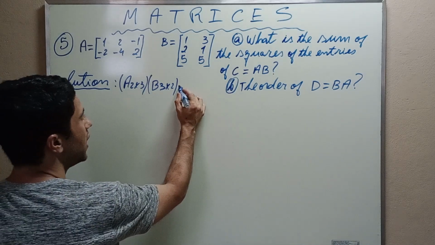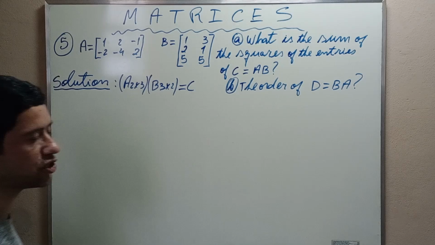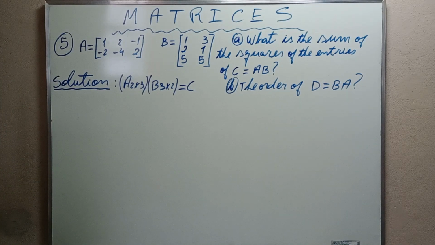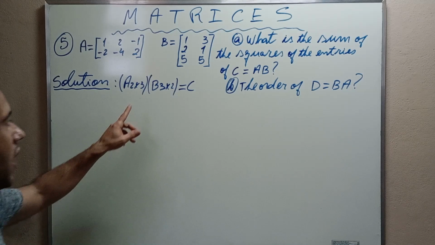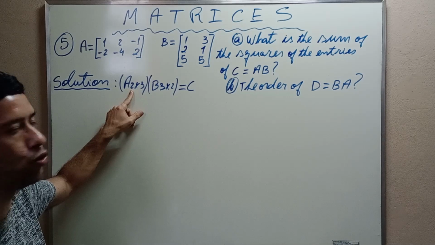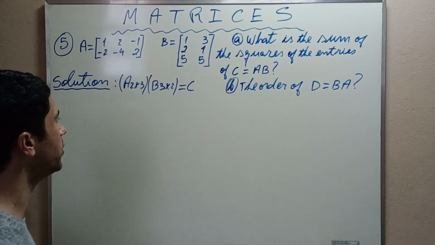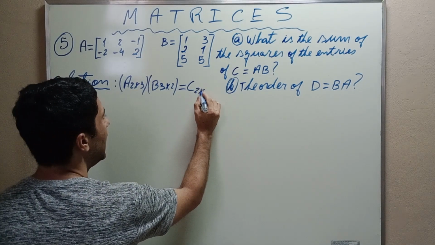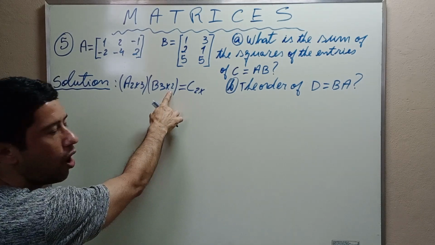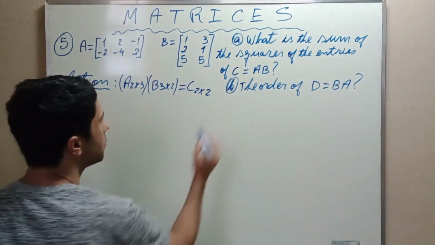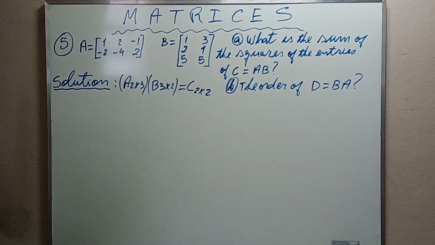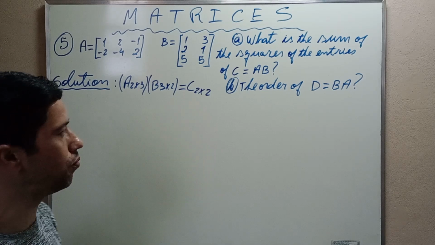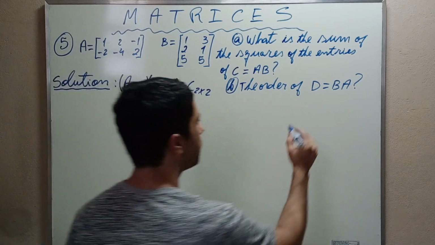Now that we know that this multiplication is possible, we have to inspect the order of C. C will have the same number of rows of the first matrix and the same number of columns of the second matrix, okay? Now that we know that C is a 2 by 2 matrix, we write it here.